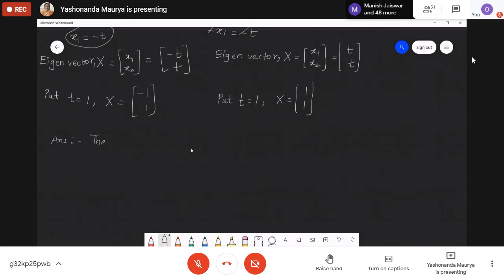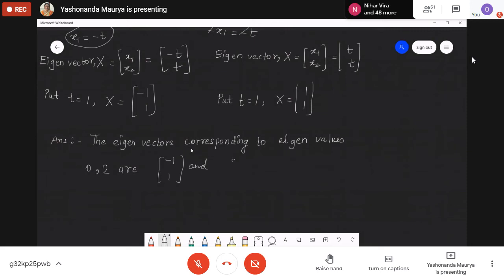The eigenvectors corresponding to eigenvalues 0 and 2 are minus 1, 1 and 1, 1 respectively. Is this clear now?